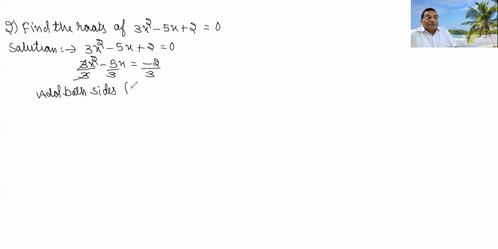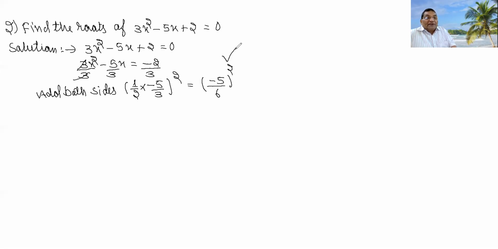Half into coefficient of x. Look here, coefficient of x is minus 5 by 3. Half of minus 5 by 3, bracket square. Now, this is simplification: minus 5 upon 6 bracket square.